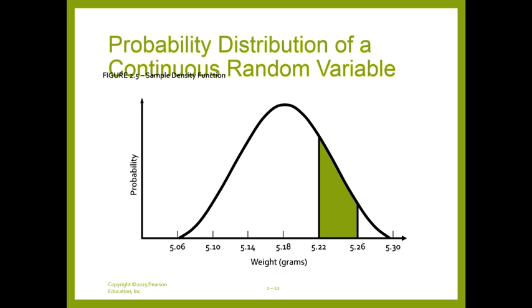You also have a continuous random variable distribution like this. And you may be looking at only that part that is in the green underneath the bell curve and making observations about it, even though you know that there are observations all throughout the bell curve. But what may be of most interest to you is, in this case, the observations between 5.22 and 5.26 on this graph.